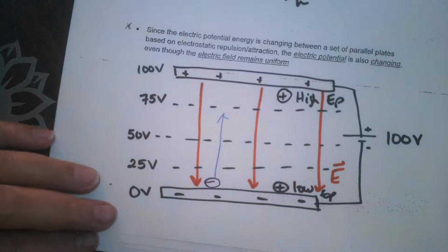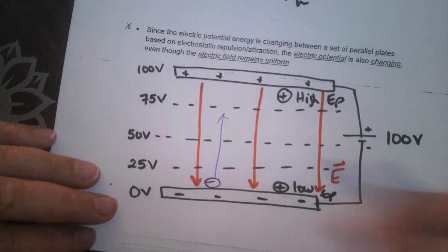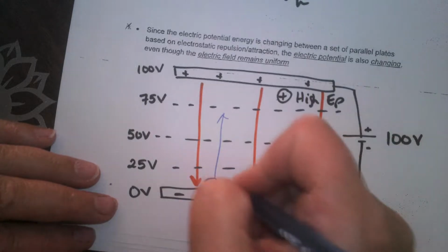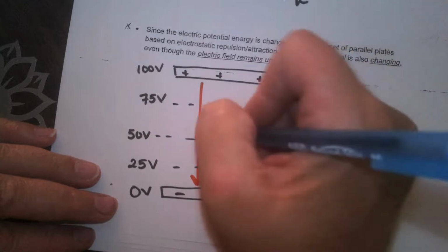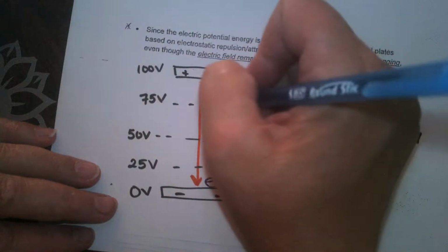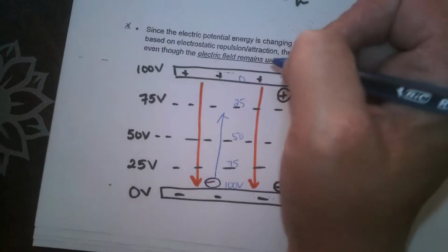And so then my potential would be different. If I had a negatively charged particle come into this, then this would be my 100 volts, this would be my 75, this would be my 50, this would be my 25, and this would be my 0.